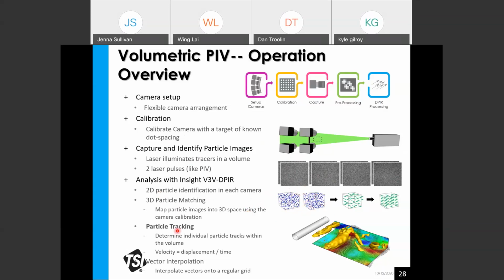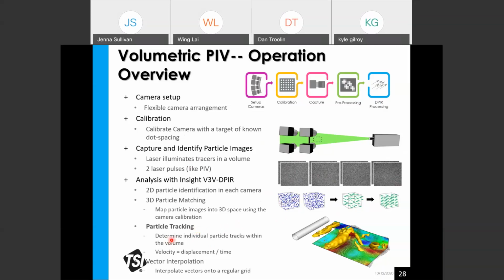And then the technique to get the velocity vector is not the correlation technique typically used in planar PIV. We actually use a particle tracking technique. The reason is that it gives us the best spatial resolution, because effectively we are tracking individual particle movement within the volume.